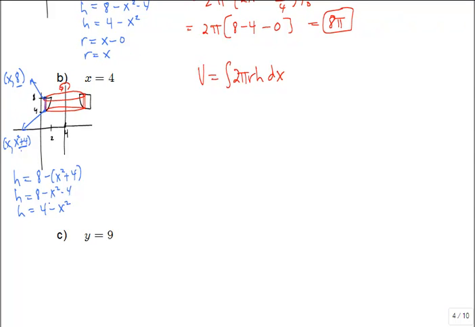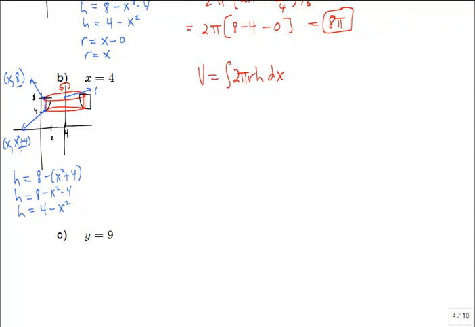So that hasn't changed. What's going to change is our radius, because our new axis of revolution is no longer either the x or the y axis. It's been shifted over. So our radius is going to be shifted as well. It's not going to be a simple x like it was before. It's going to involve this 4. So to figure the radius out, pick a center point, doesn't matter which one.